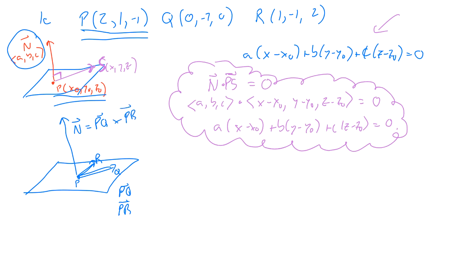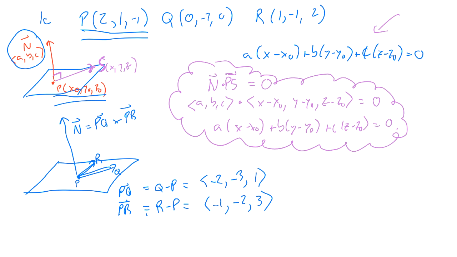So PQ is Q minus P, which is -2, -3, and +1. PR is R minus P, which is -1, -2, and 3.